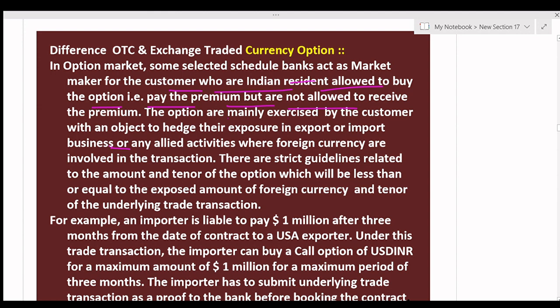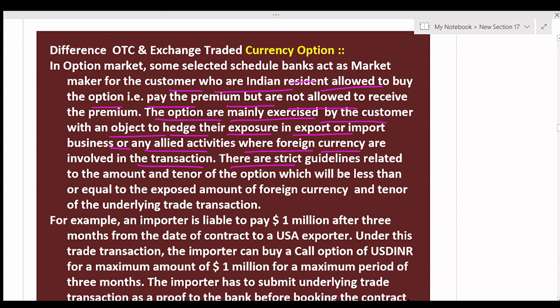The options are mainly exercised by the customer with an objective to hedge their exposure in export or import business or any allied activities where foreign currency is involved in the transaction.